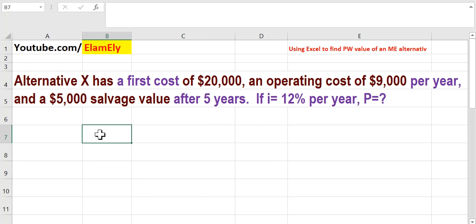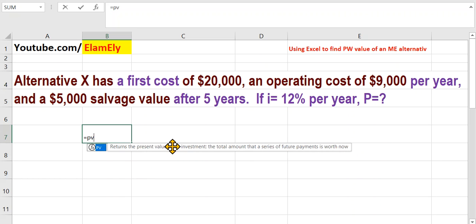Yes, we can use a very simple function. It's called PV. If you take a look at PV here, PV has a rate and the period, the payment, or the future. So basically, this function will make me transfer any amount from A, the payment in year, to present.